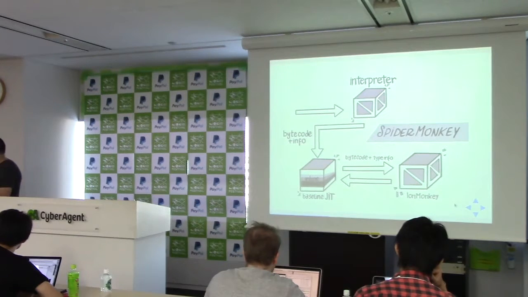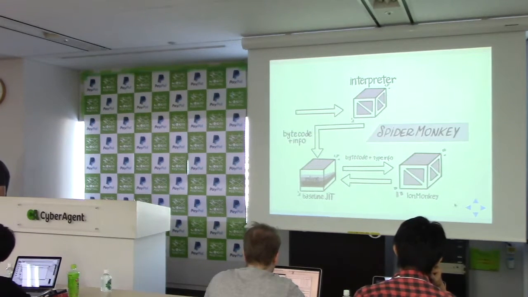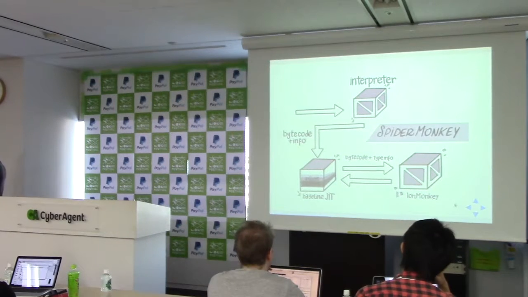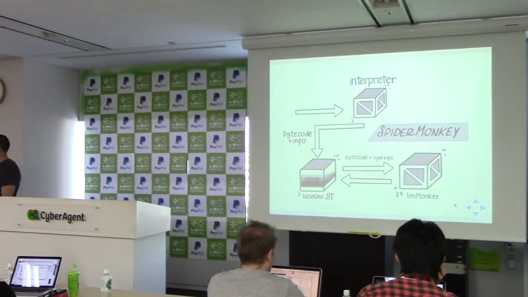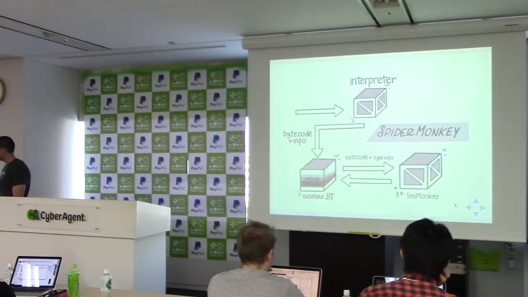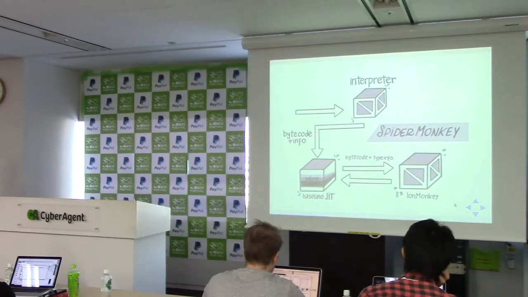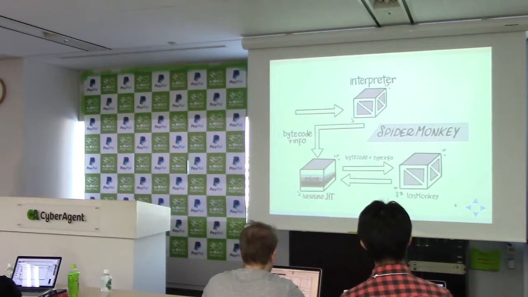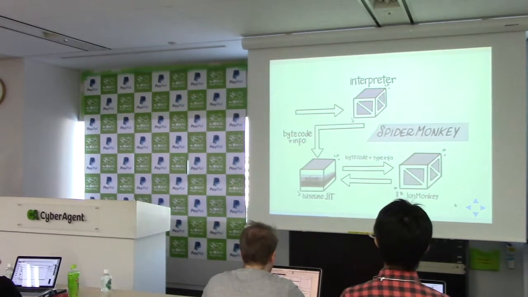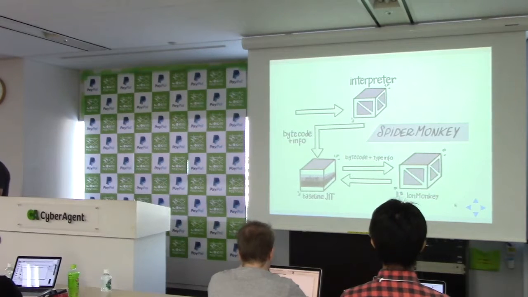So let's switch to a real-world architecture and let's talk about SpiderMonkey, the engine that powers Firefox. So on the top we have an interpreter, as we said before. Now inside that box we have both the parsing phase and execution phase for simplicity.